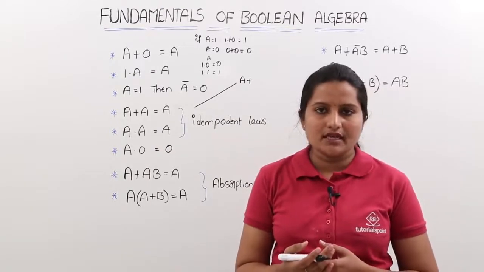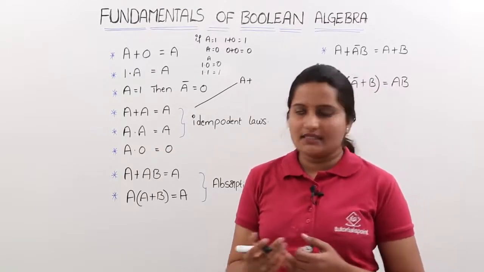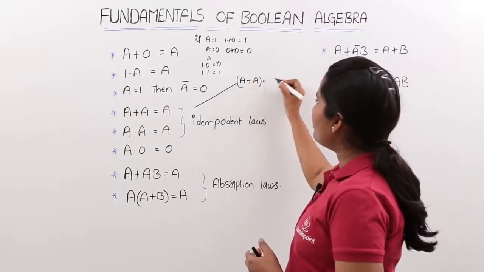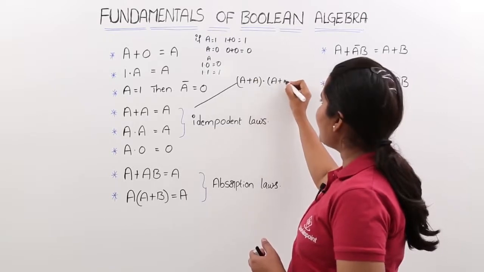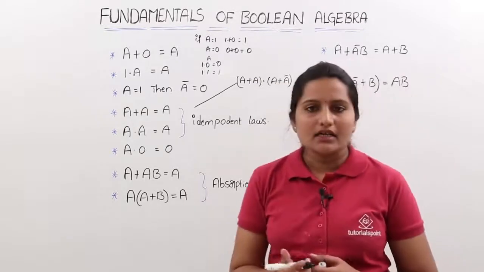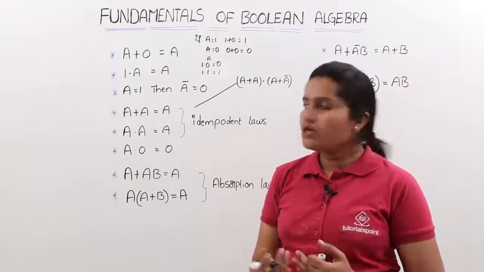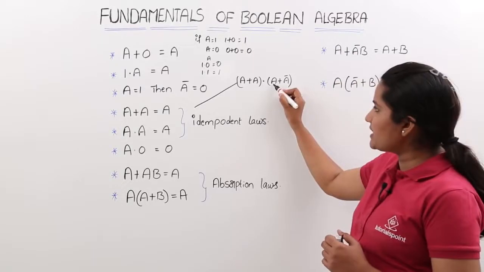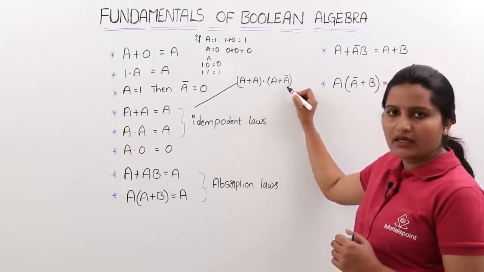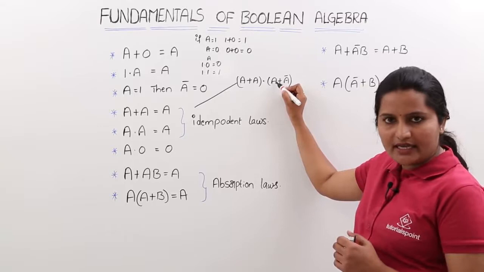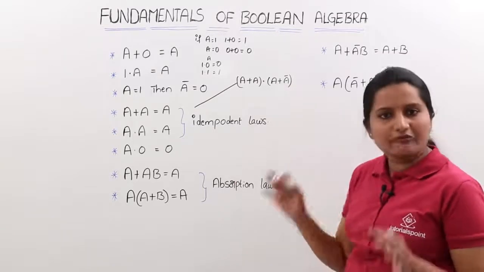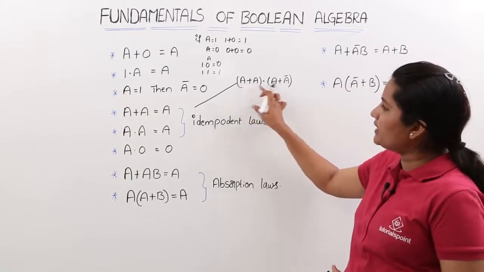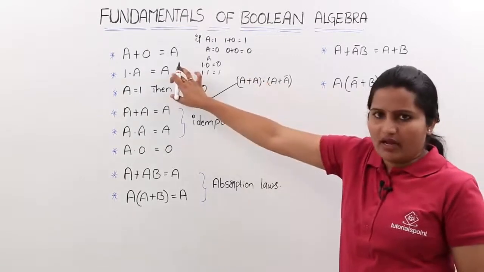A plus a bar is equal to 1, because if a is equal to 0, definitely a bar is 1, and if a is 1, a bar is 0. In any case of a, the value is equal to 1. If I multiply anything with 1, we are getting the same thing.